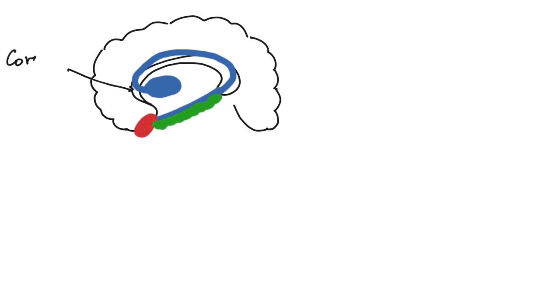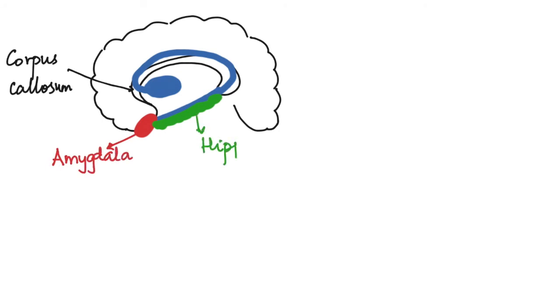The inner parts of the cerebral hemisphere, that is near the corpus callosum, and a group of associated structures, that is the amygdala and the hippocampus, form the limbic system. This limbic system is involved in regulation of sexual behavior and expression of emotional reactions.